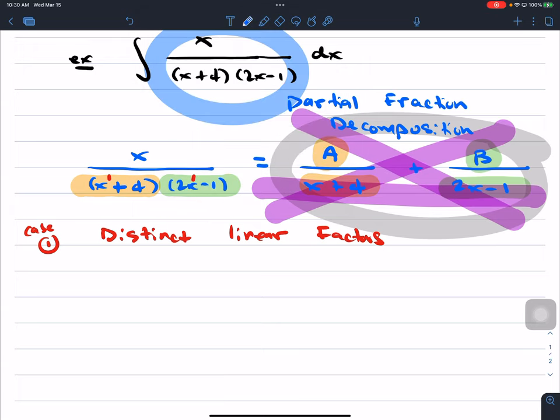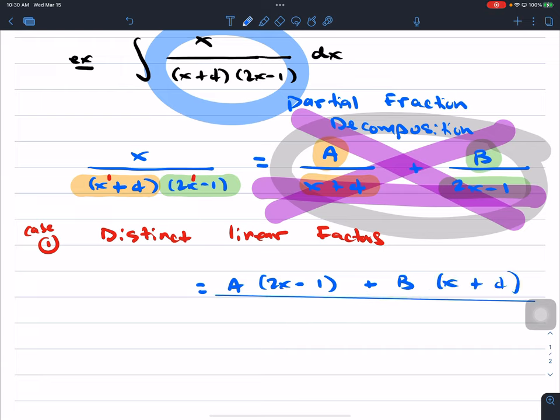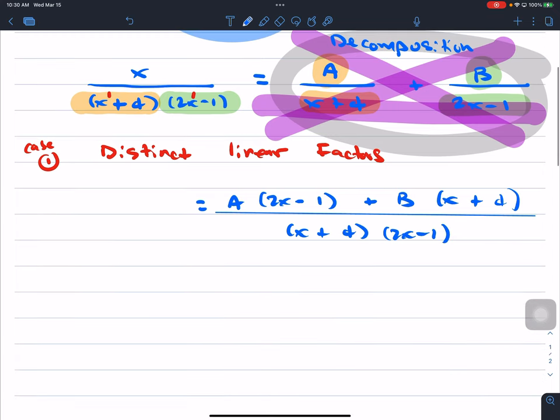You say, well, what does that mean? That's A times 2x minus 1 plus B times x plus 4 on the right side, okay? And then you're going to multiply the denominators together: x plus 4, 2x minus 1. And that's on the right side. On the left side, what do you have? You have this: x plus 4, 2x minus 1.